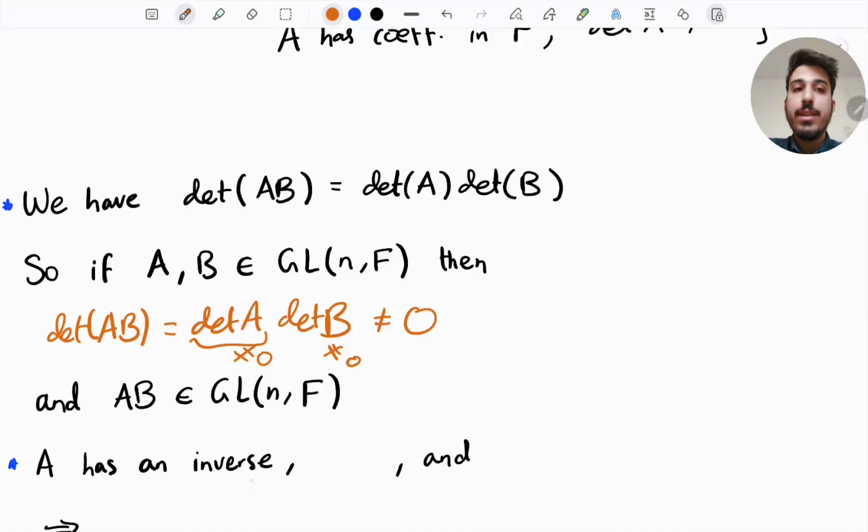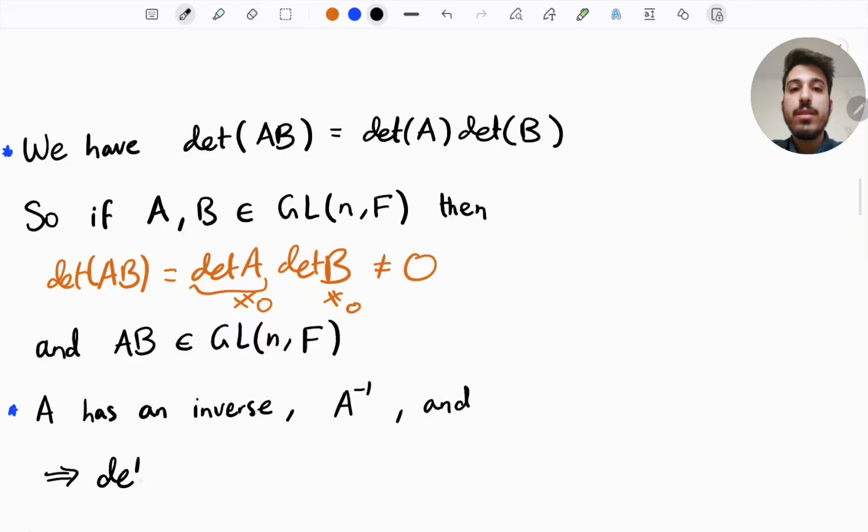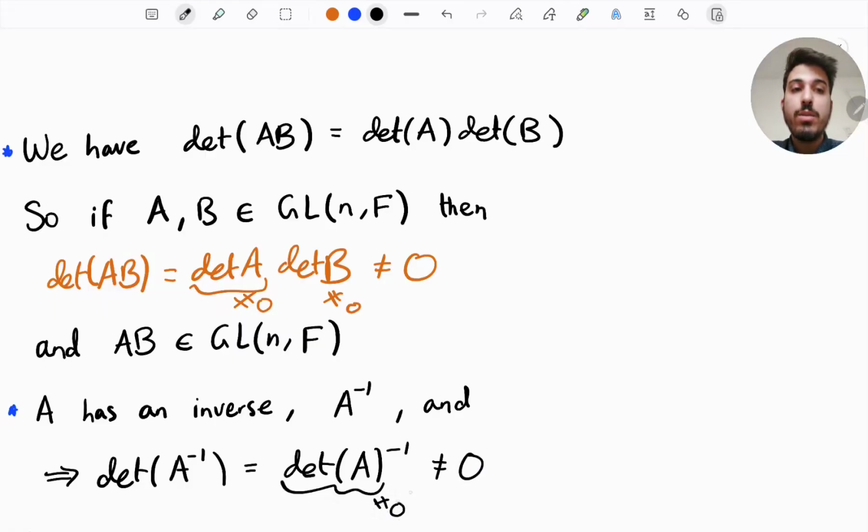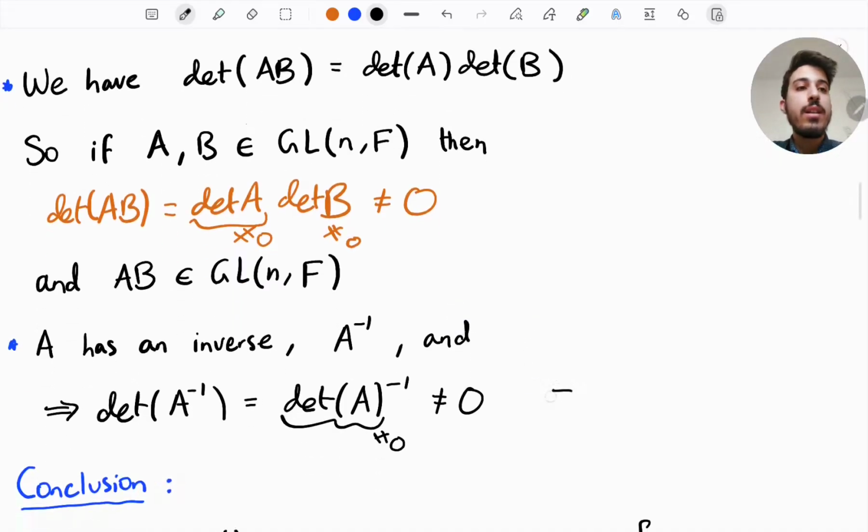So A has an inverse because the determinant is non-zero, so A is invertible as a matrix, and the determinant of A inverse is equal to the inverse of the determinant, so just the reciprocal by a property of determinants, and that is also non-zero because the determinant of A is non-zero because A is in GL_n(F), thereby proving that A inverse is inside GL_n(F) as well. So we just proved that every element has an inverse.